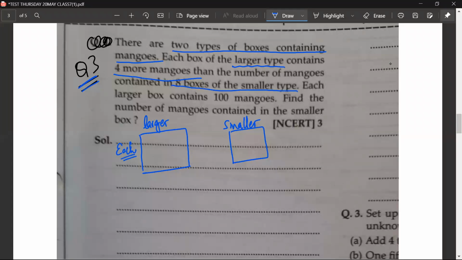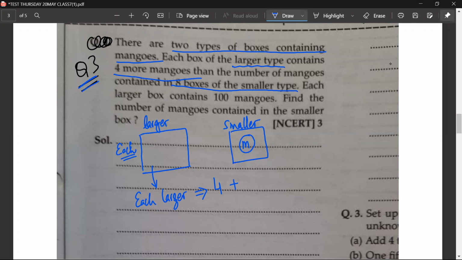So I am assuming, find the number of mangoes contained in the smaller box. I am assuming that the number of mangoes in the smaller box is m. So each larger box would have 4 more mangoes than the number of mangoes contained in 8 boxes of the smaller type.